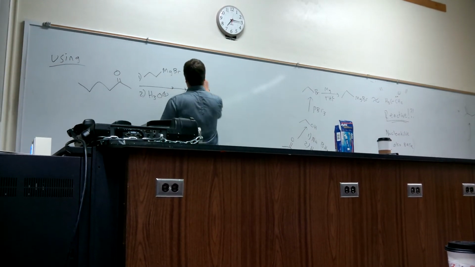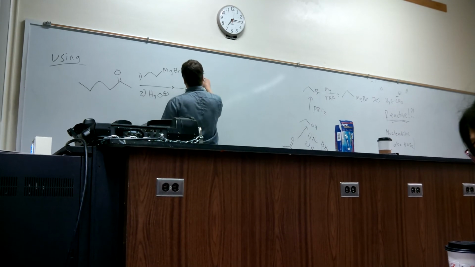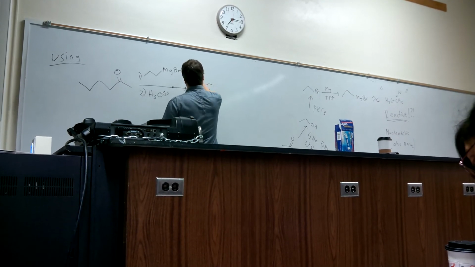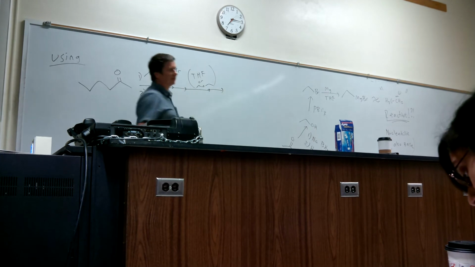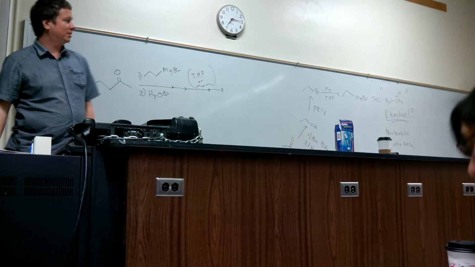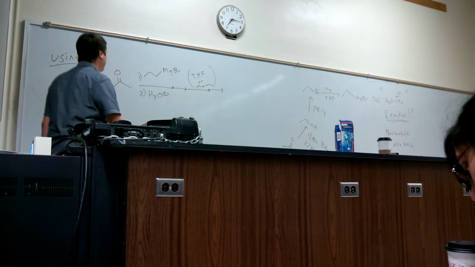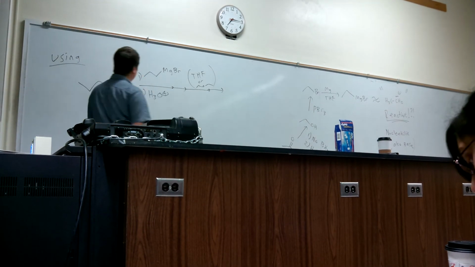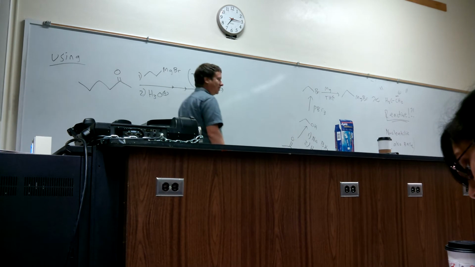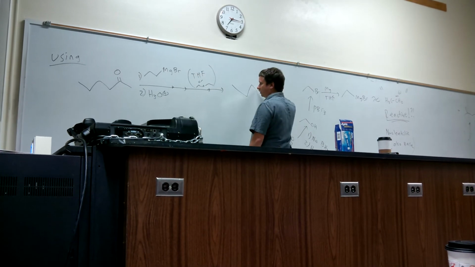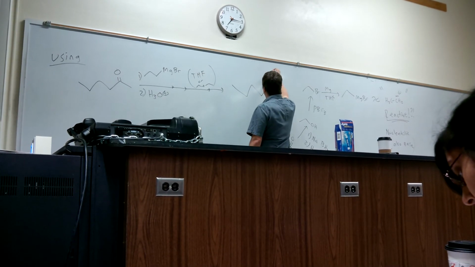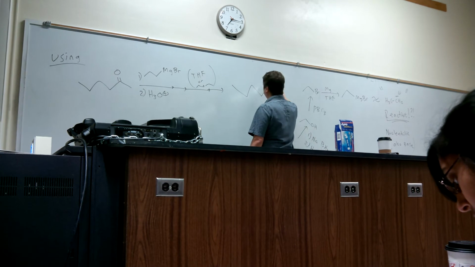Usually for solvent, THF or ether, in parentheses, okay. Nice inert solvent, but don't worry about memorizing solvent choice. Okay, and what's going to happen is we're going to get an alcohol out now. An alcohol with how many extra carbons?